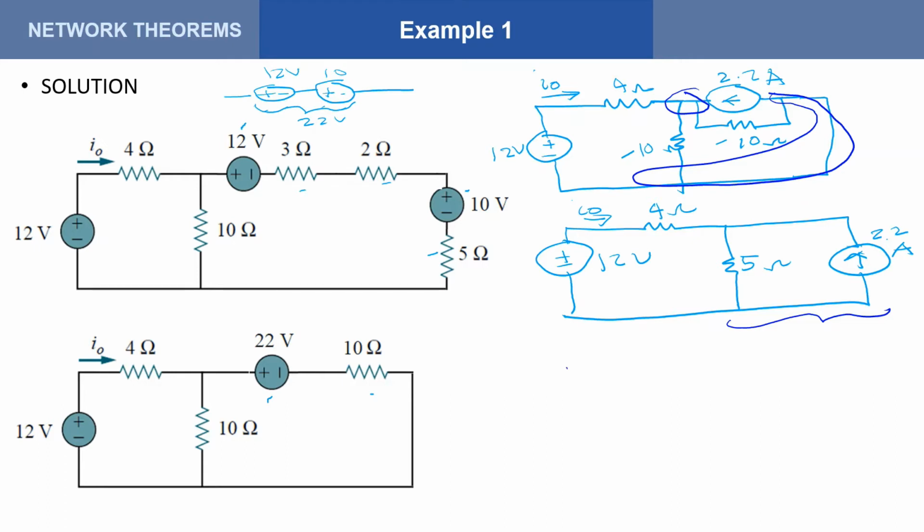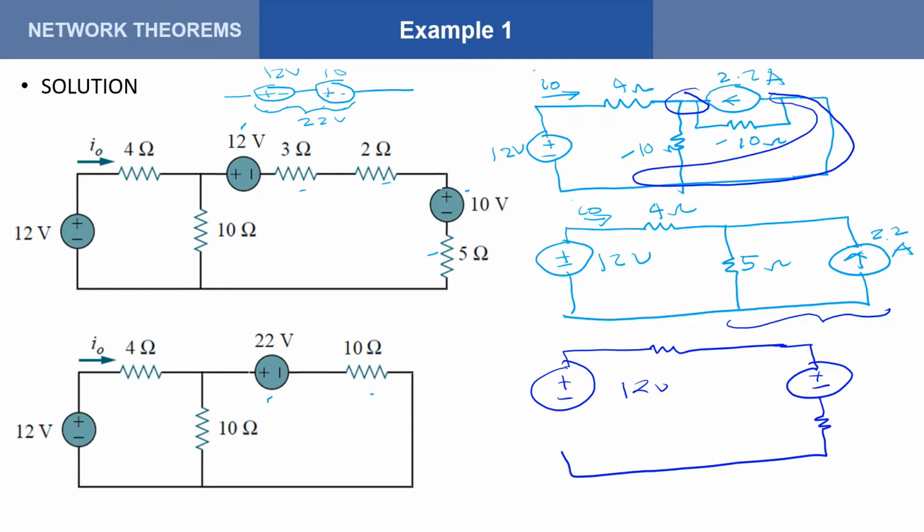So that will give us something like this. So this is 4 ohms, this is 5 ohms, and the voltage source is 2.2 times 5, that is 11 volts. Okay, so this is I naught here.